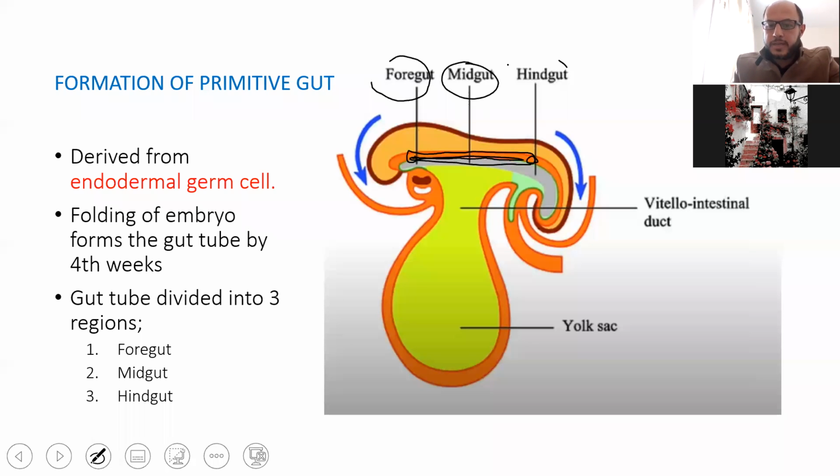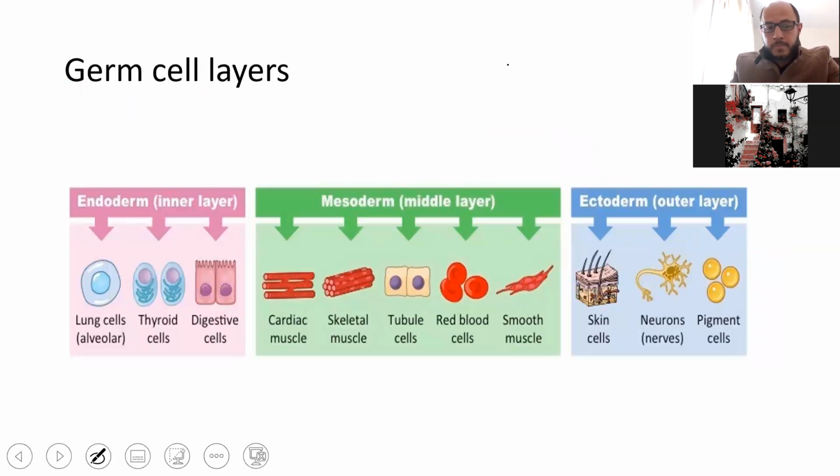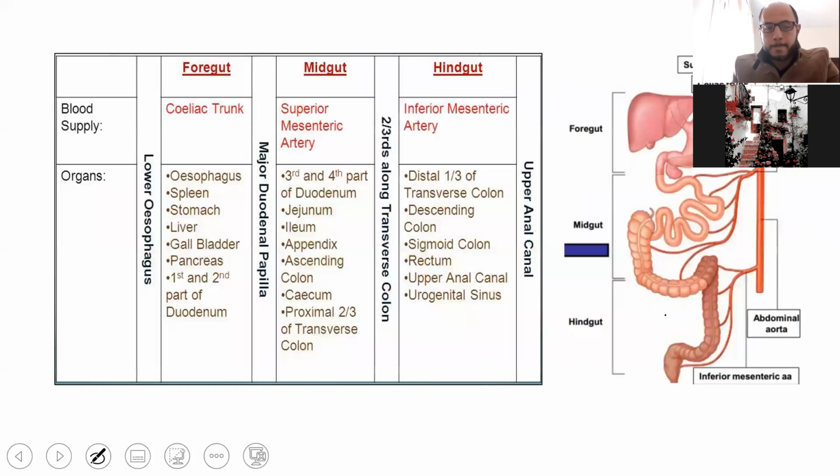Each organ in the GI tract, from the mouth all the way to the anus, comes from either the foregut, midgut, or hindgut. And we already discussed the germ cell layers: the endoderm gives the lung cells, thyroid cells, and digestive system; the mesoderm gives the cardiac, skeletal, and vascular parts; and then skin and the CNS come from the ectodermal germ cells.